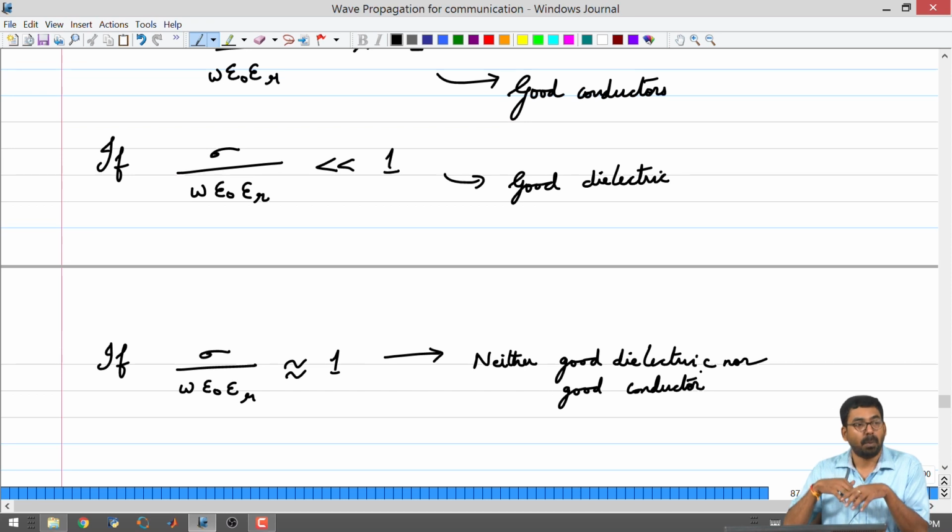You can calculate at what frequency sigma will become equal to omega epsilon naught epsilon r. There will exist a frequency where both these components are equal, and after that copper will start behaving more like a dielectric. Okay. So, the trend here is at low frequencies many materials could be very good conductors. At high frequencies the same materials could exhibit dielectric like behaviors.